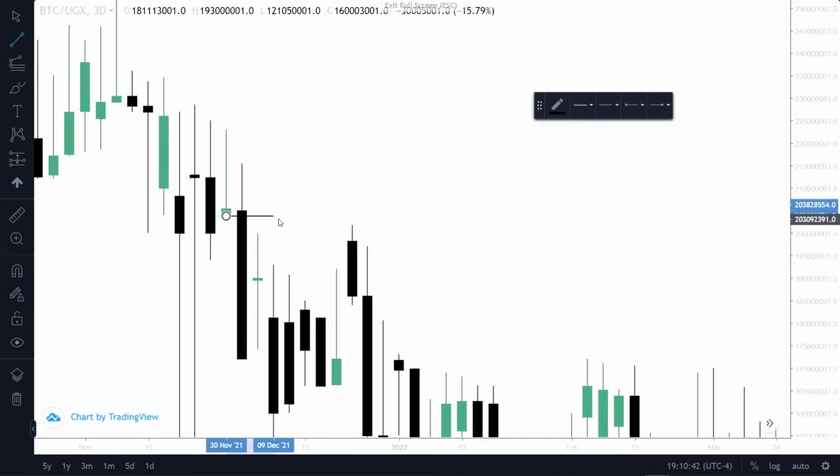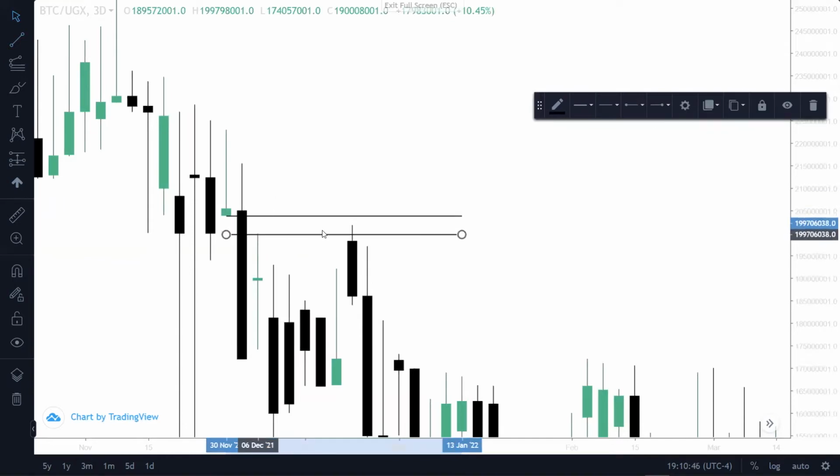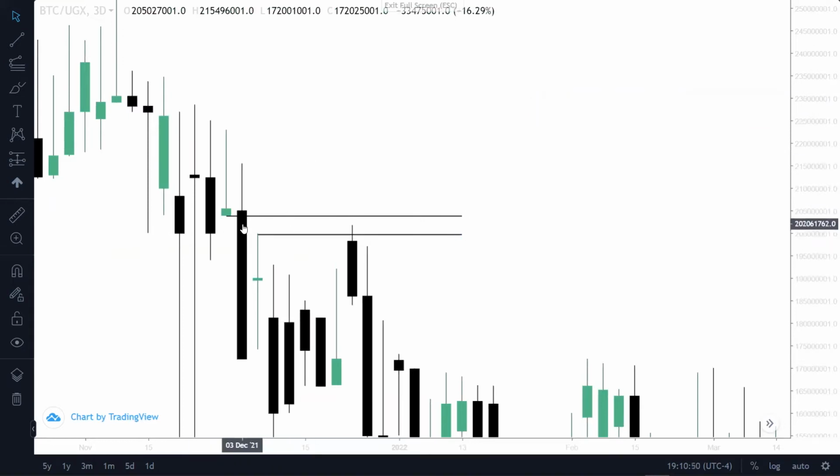So this one gives me something really, okay, it gives me a number: this imbalance came to be filled at 184 million Ugandan shillings, between this candle's high, which is 199 million Ugandan shillings, and this candle's low at 204 million Ugandan shillings.